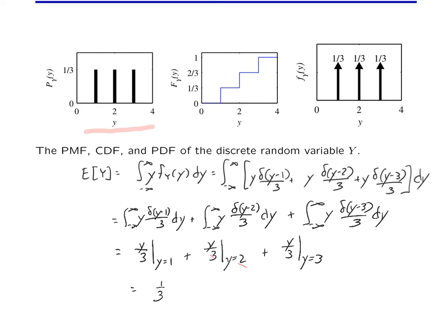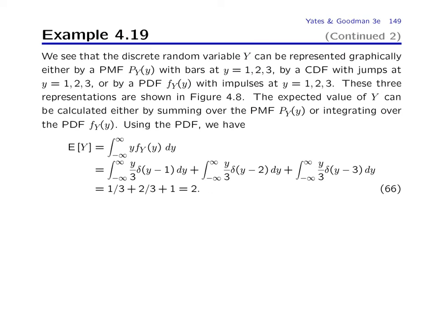And we obtain 1/3 plus 2/3 plus 3/3 equals 2, which is, of course, the answer we expected because a random variable that is equally likely to be 1, 2, or 3 has expected value 2. But the key thing is that we can do this now using the PDF and using integrals instead of using summations with the PMF. So this slide just repeats what I just did, but with neat and tidy typesetting rather than my crummy handwriting.